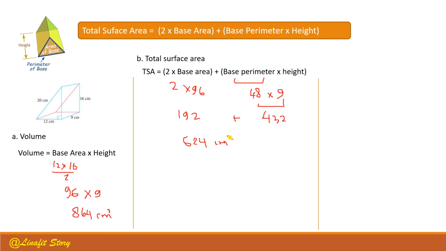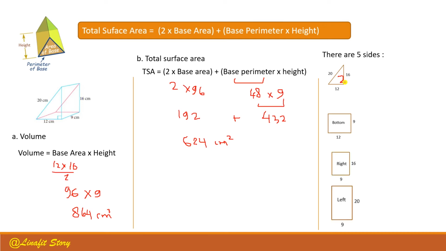Another method to find the total surface area. This prism consists of 5 sides. There are 2 right-angled triangles and 3 rectangles. Now we will find the area of each side.